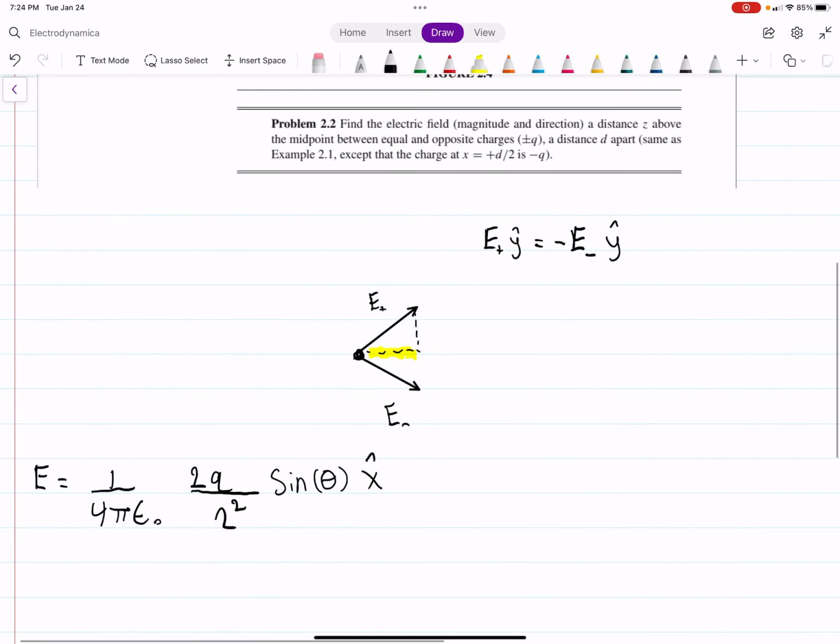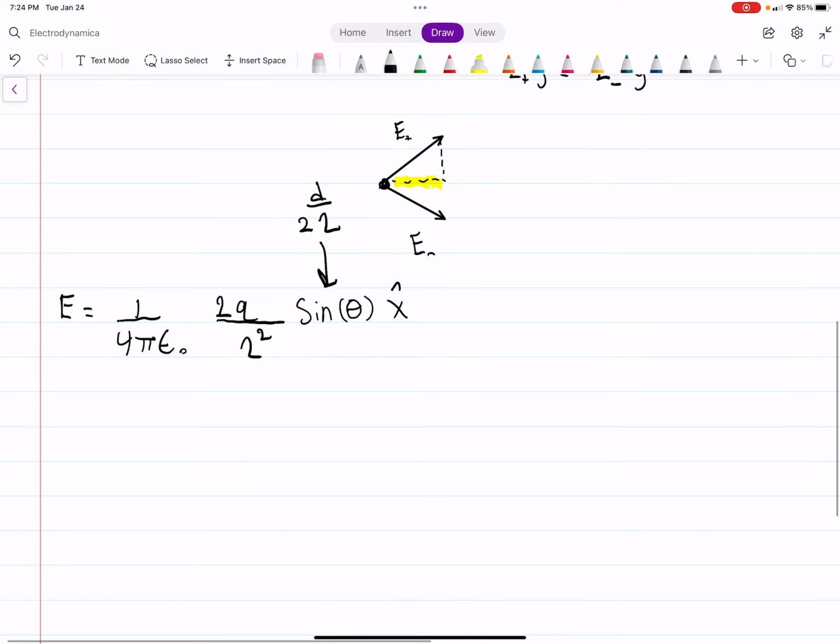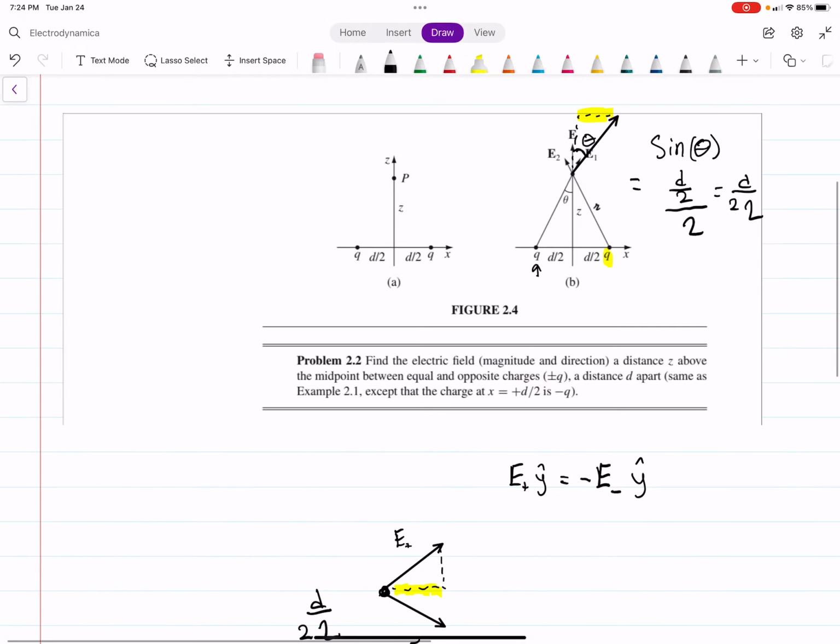So I'm going to replace sine theta with d over 2 script r. So that 2 cancels, and you just get 1 over 4 pi epsilon naught times q d over script r cubed.